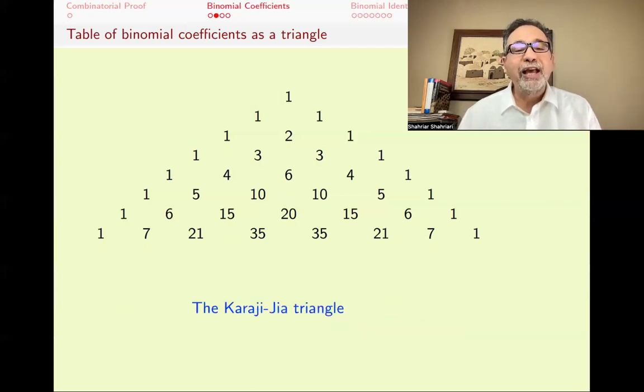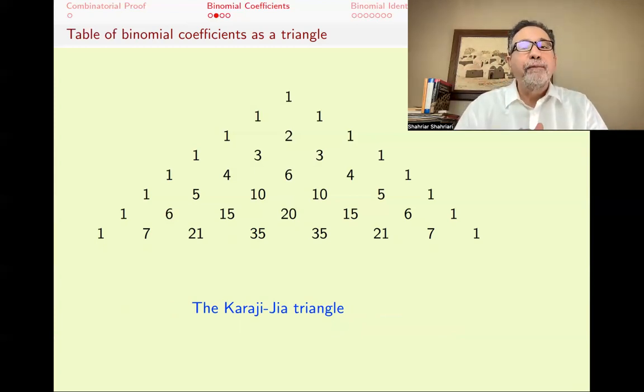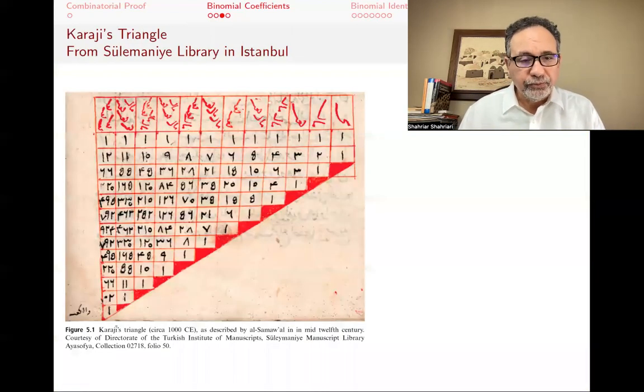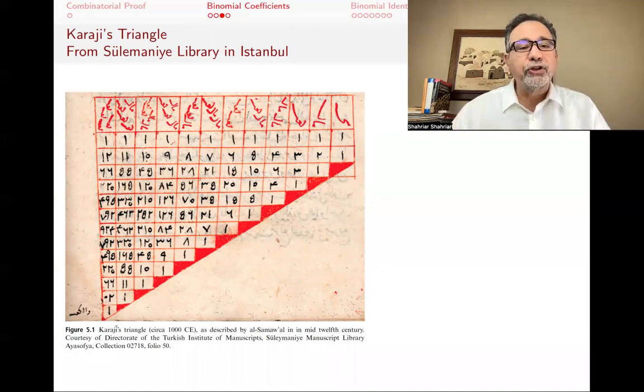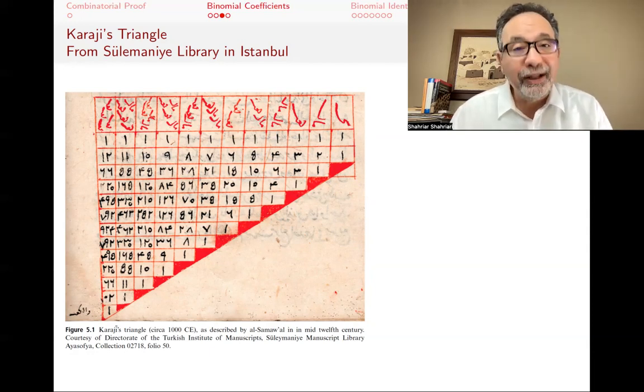I like to call it the Karaji-Jia triangle, because the oldest actual triangles that have survived are from these 2 folks. So here is a part of a page of a document from the Süleymaniye Library in Istanbul. This document itself is from the 14th century, but it's a copy of a book by al-Samawal from the 12th century.